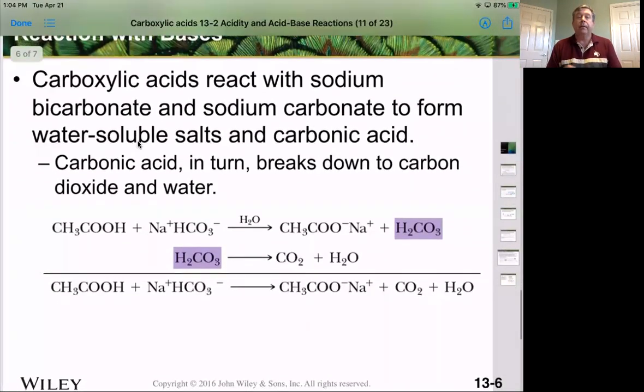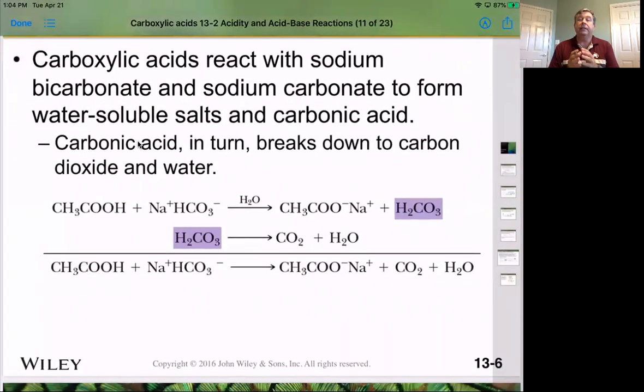So that being said, we can actually deprotonate the carboxylic acid with a very weak base. For example, sodium bicarbonate, which is a fairly weak base and only has 1 proton available to transfer here, can deprotonate a carboxylic acid. But when it does, it creates a compound called carbonic acid. Carbonic acid is CO2 and water kind of bound together.